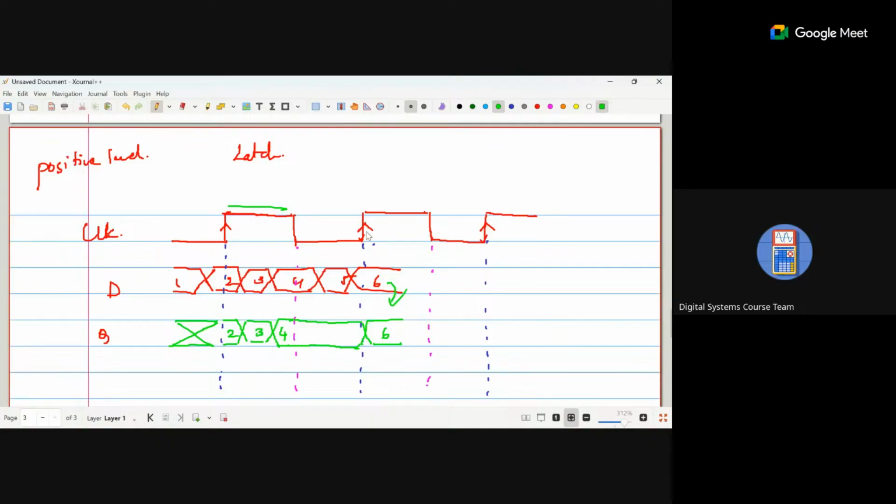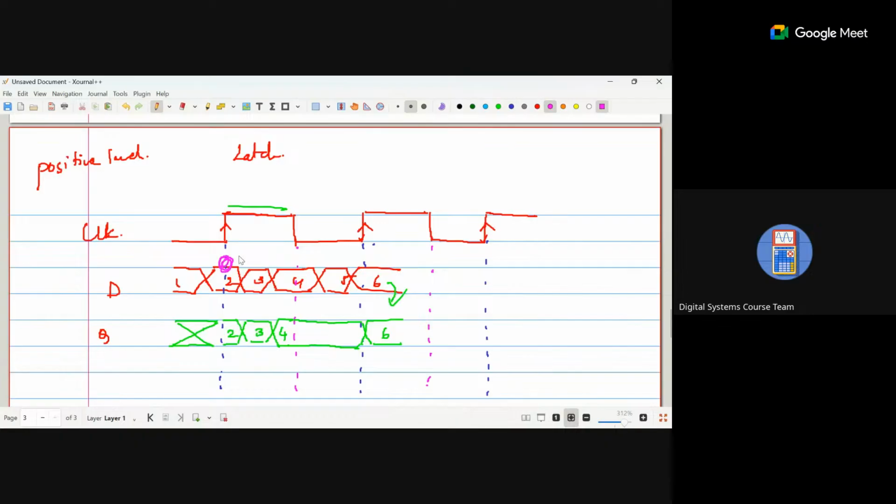So this is how your entire latch works. If you take the same example, if it was a flip flop, at this point here it would change to 2. After changing to 2, till the next positive edge it will be 2, and after that it will change to 6.